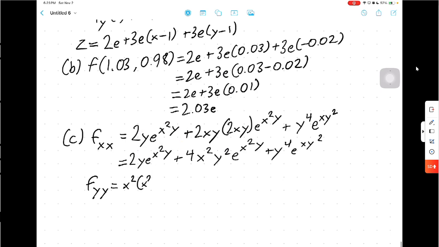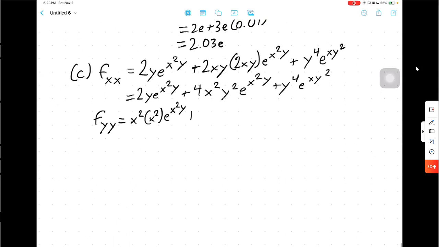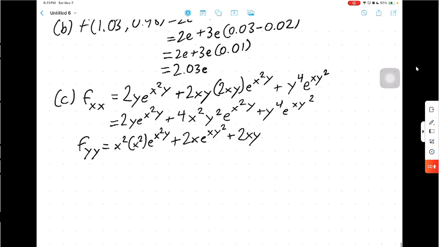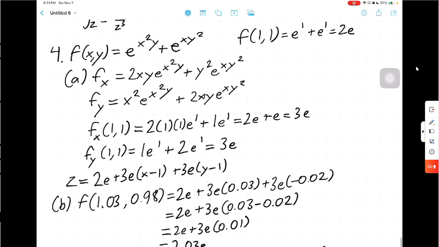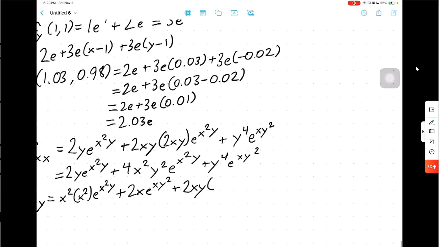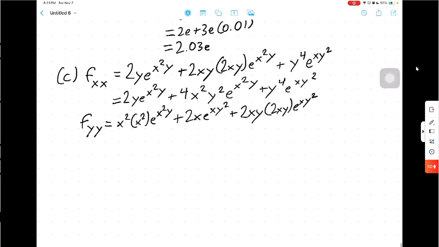Right, times x squared e to the x squared y plus 2x e to the xy squared plus 2xy times another 2xy e to the xy squared, which is equal to x to the fourth e to the x squared y plus 2x e to the xy squared plus 4x squared y squared e to the xy squared.